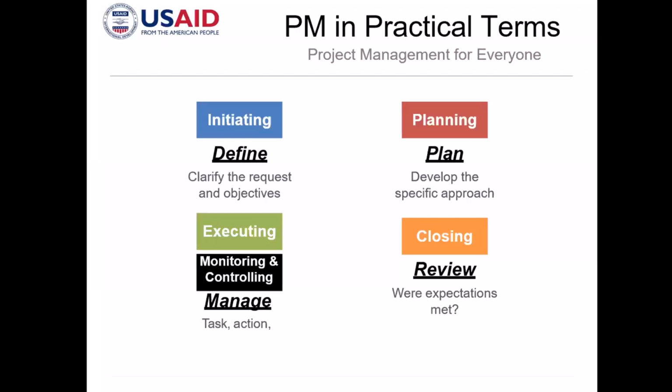And once the execution phase is done or the full deployment is completed, then all the major stakeholders have to sit together and review and agree that the project is already completed and you will have to close it. And all expectations have been met based on the defined requirements during your planning. And of course, during closing, you also need to document all the lessons that you have learned during the project deployment.